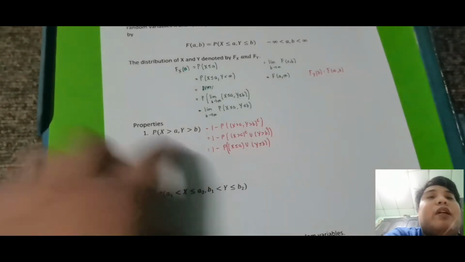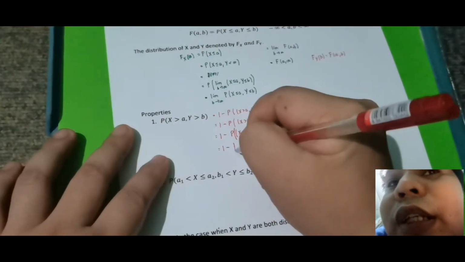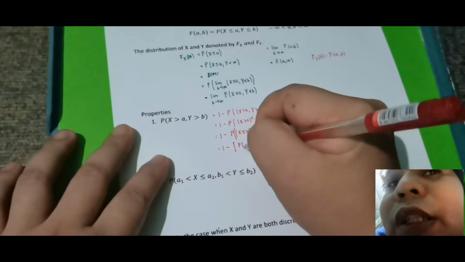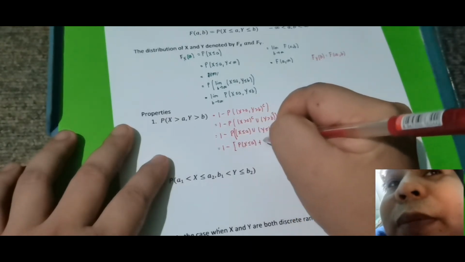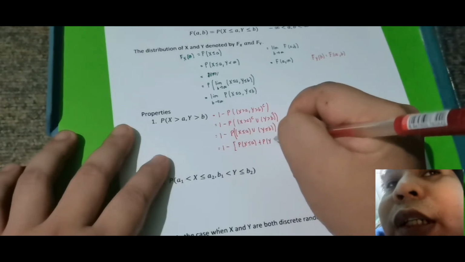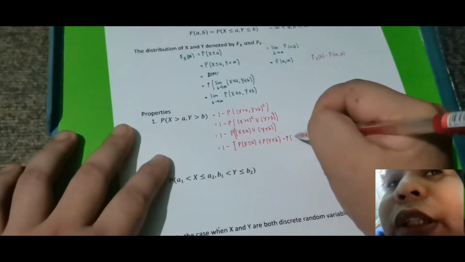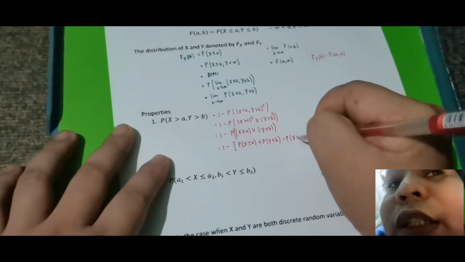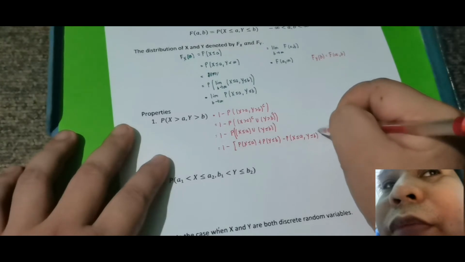So meaning, ito ay magiging equal lang sa 1 minus, lagyan ko ng parenthesis, the probability of X less than or equal to A plus the probability of Y less than or equal to B, then minus the probability of their intersection, which is X less than or equal to A, comma Y less than or equal to B.